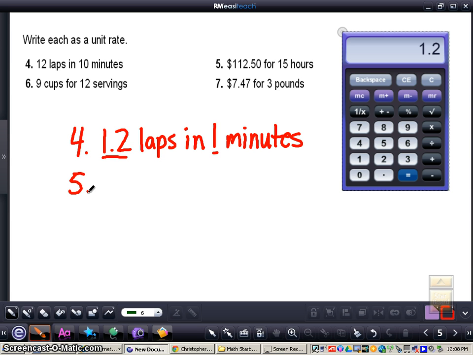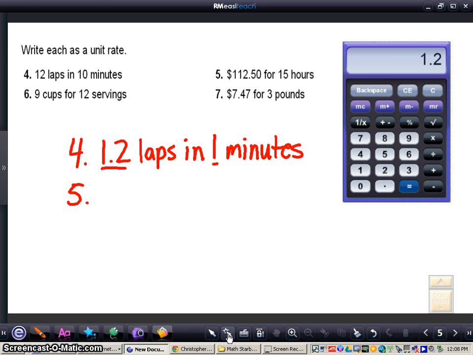So we have $112.50 for 15 hours. What we need to figure out is how much money per hour. Maybe this is somebody who has worked a job for 15 hours and is receiving $112.50, and now they're trying to figure out how much money they made per hour. So what we can do is take that $112.50 and divide it by 15.